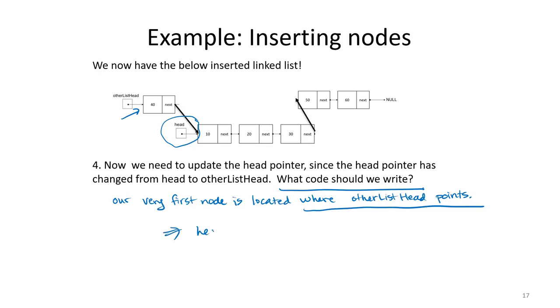In this case, we just need to write the code head equals other list head. That will make our head pointer point at the same location as other list head. Note that since other list head is a pointer, other list head stores the memory address of our first node, so writing head equals other list head makes the head pointer point at the same location.